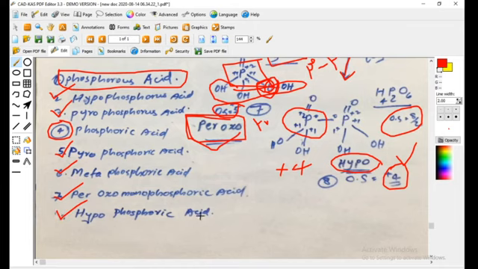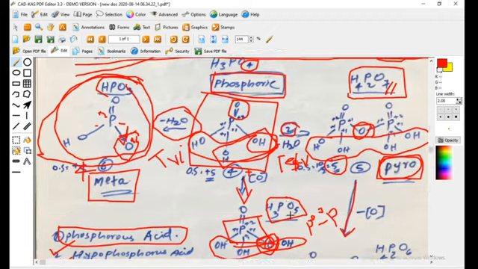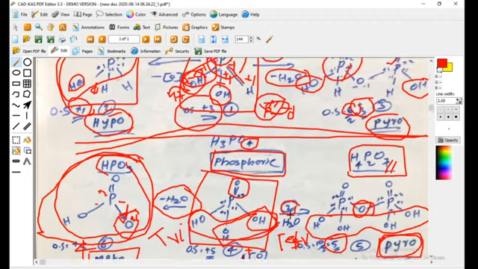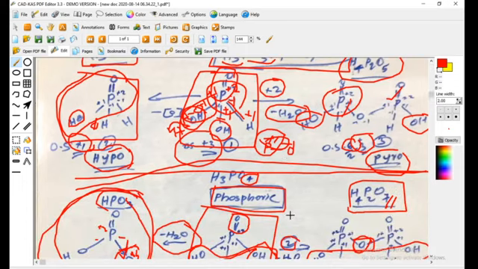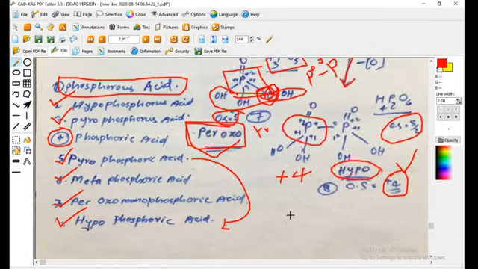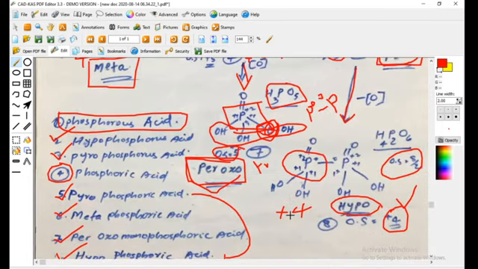Hypophosphoric acid is derived from pyrophosphoric acid by the elimination of one oxygen. So all these structures, names, molecular formulas, oxidation states and basicity, I discussed very clearly.